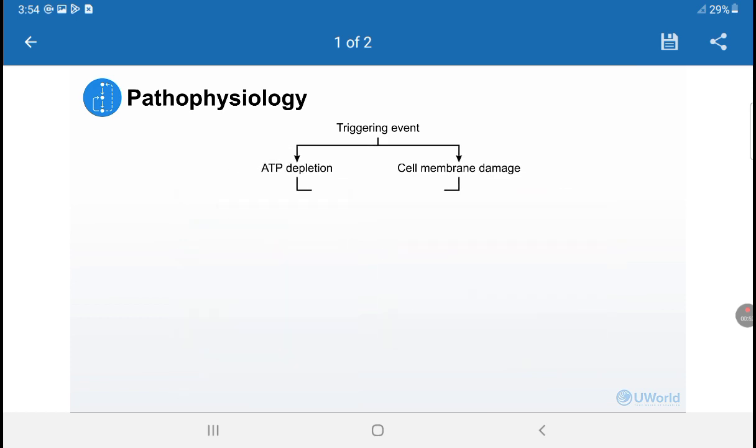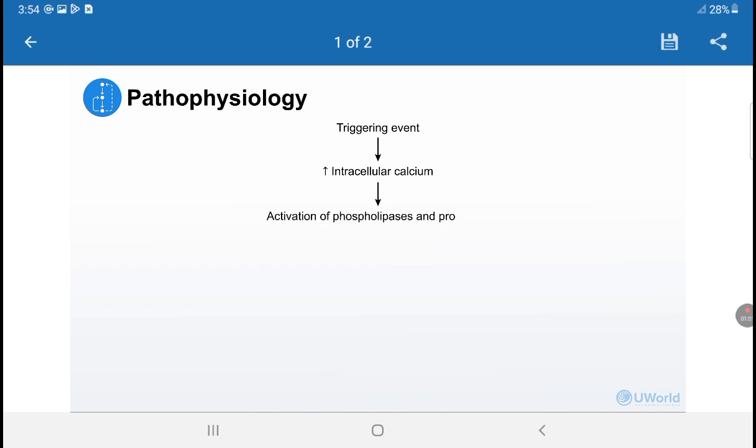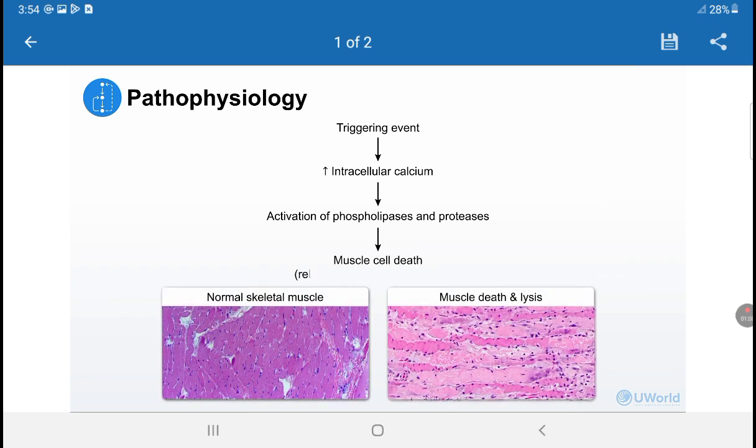Both mechanisms result in a rise in intracellular calcium levels, causing mitochondrial dysfunction and activation of phospholipases and proteases that further disrupt cellular integrity.